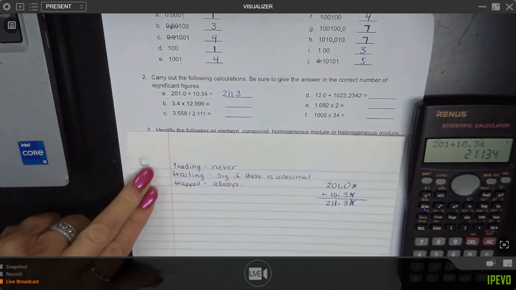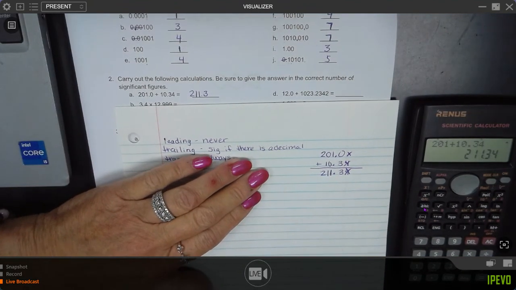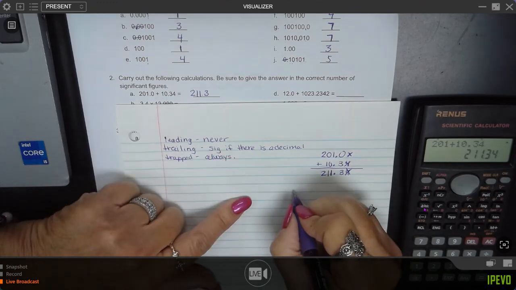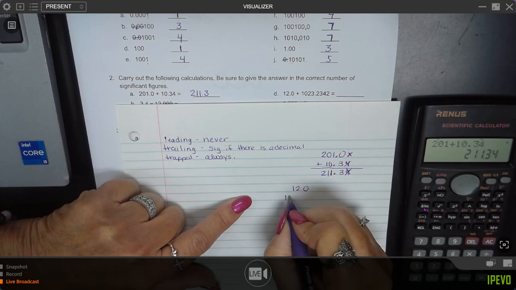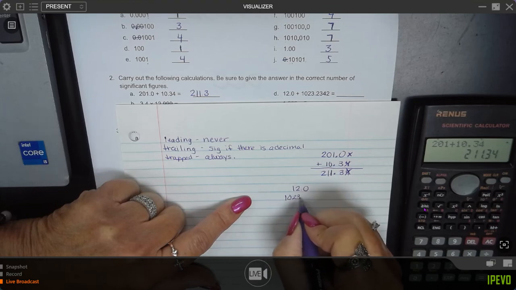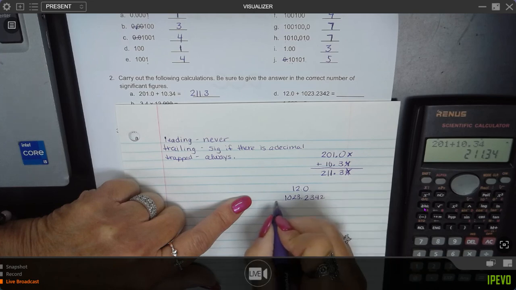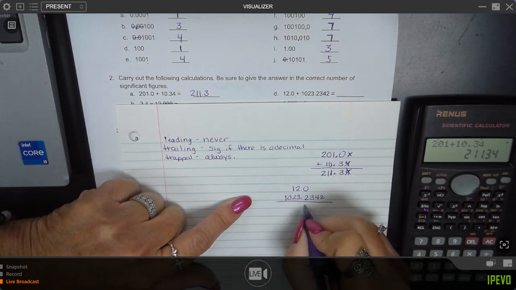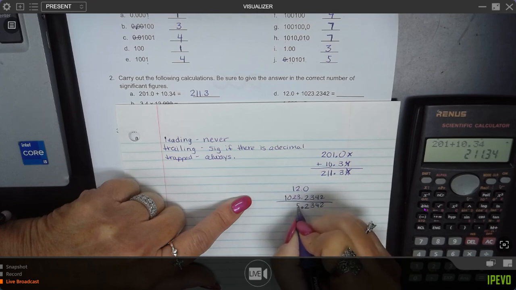Let's do the other adding and subtracting one while we're on that topic. So 12.0 plus 1023.2342. So let's just do the math first. 1035.2342.